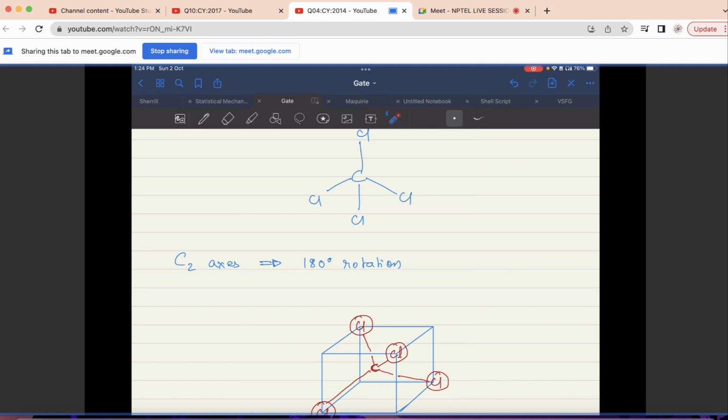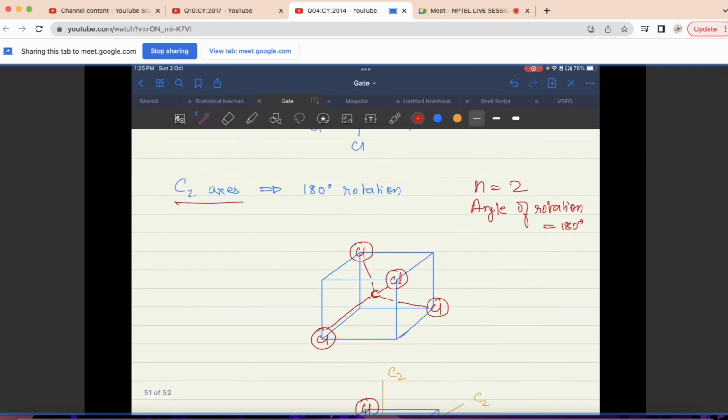For a C2 axis, my n is equal to 2, and my angle of rotation will be 180 degrees.